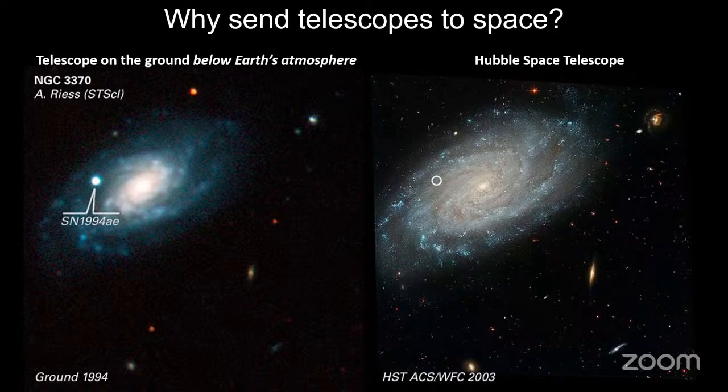So from the ground, we can only get a blurred out image of galaxies, but if you go to space, there's no air, there's no atmosphere in front of you between the photons that are coming from space, and so you don't get this blurring effect. So the right-hand image is the same galaxy, but pictured from the Hubble Space Telescope, which is in space above the atmosphere, and you can see how much clearer the image is, how many smaller and finer details that you can see, and it really highlights a reason why we send telescopes to space.